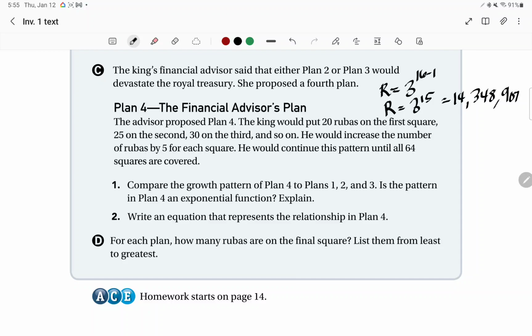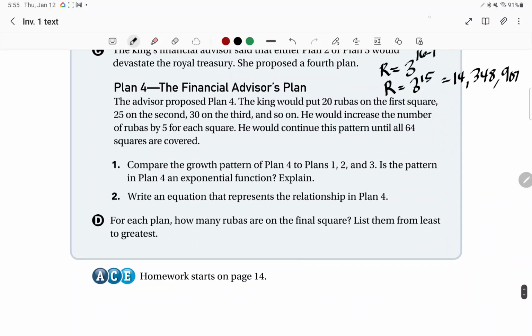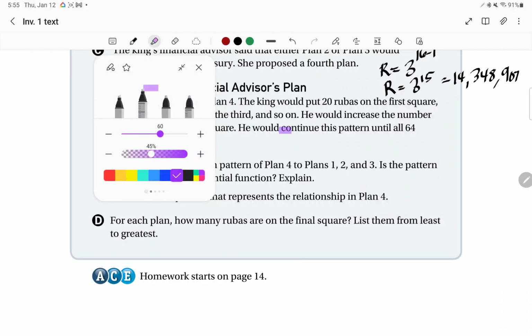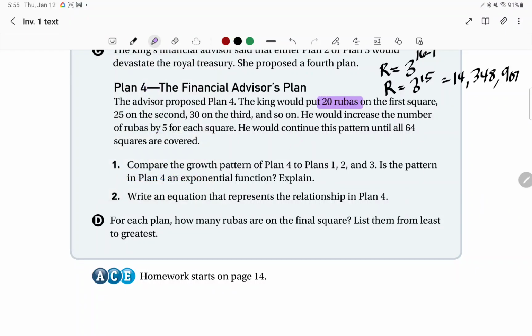So this is the advisor's plan. The king, let's do this, would put 20 rubles on the first square, 25 on the second, 30 on the third, and so on. He would increase the number by 5 each time. He would continue this pattern until 64.